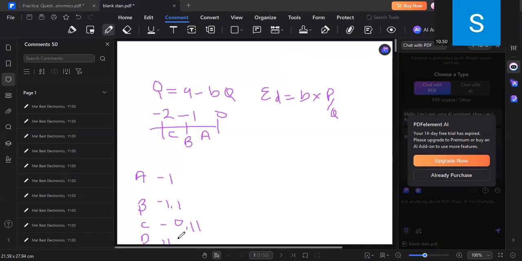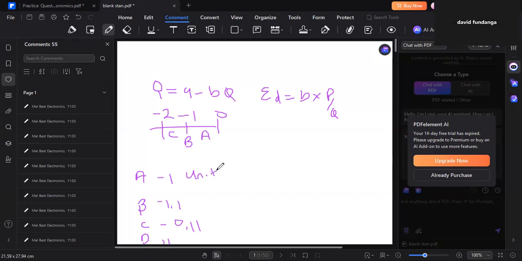And D? So A is unit elastic because it's exactly at 1. B is elastic because it is after -1. Then C is 0.11 because it's between 0 and 0 point something.